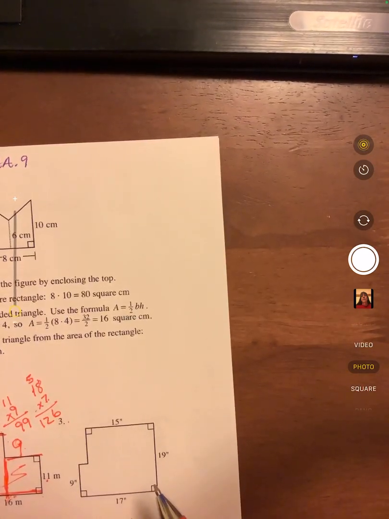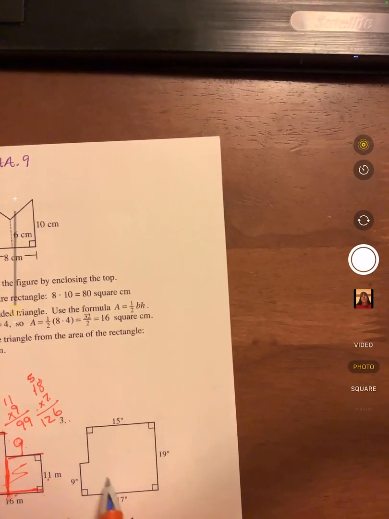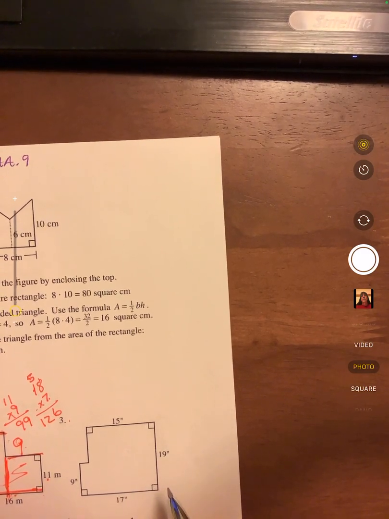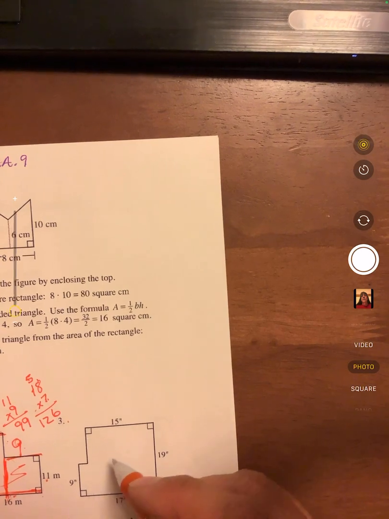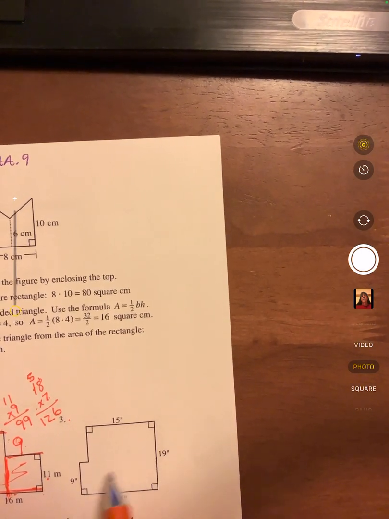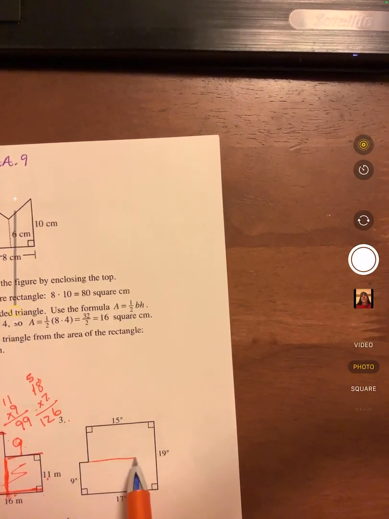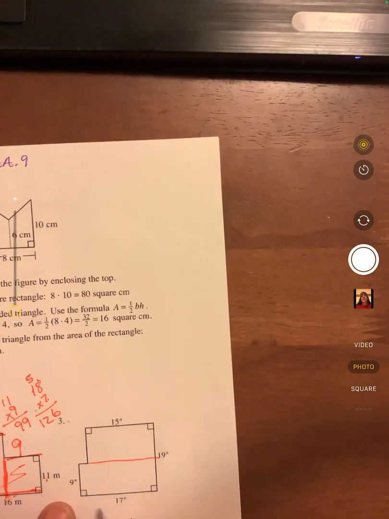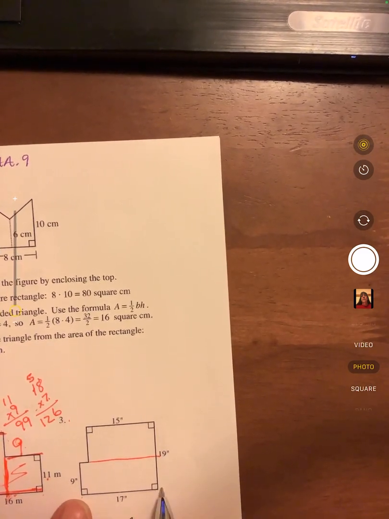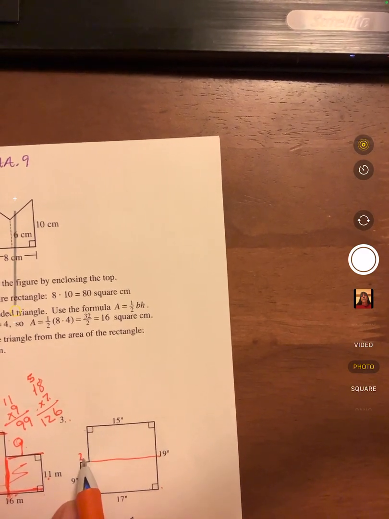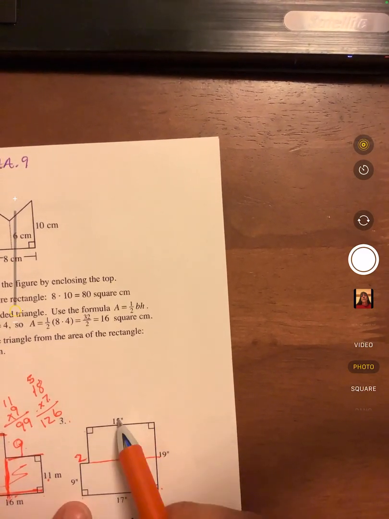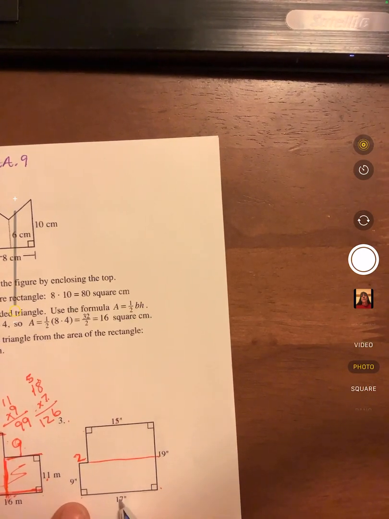Let's do this right here. So this total area is 17. That's 15, so this has to be 2 right there. 15 plus 2 is 17, okay?